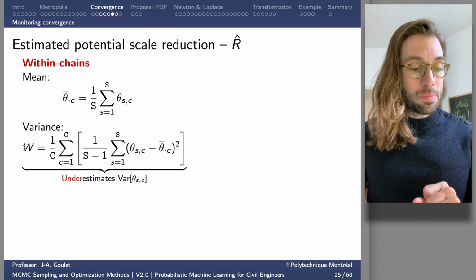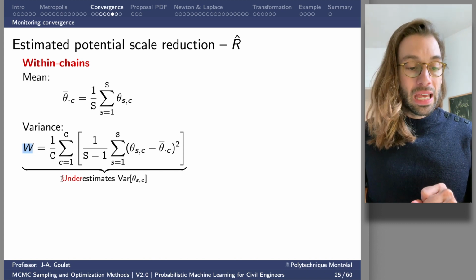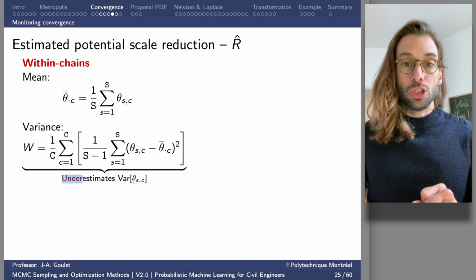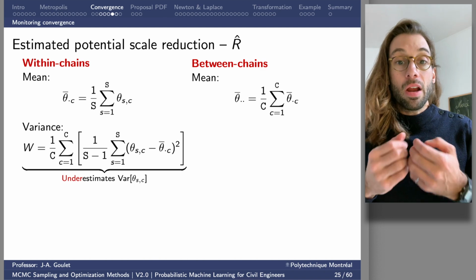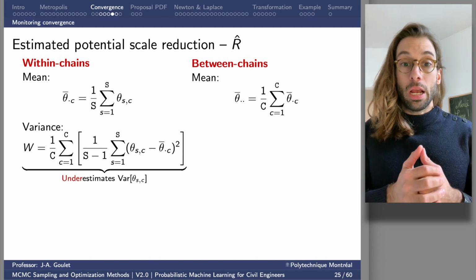In this estimate W, what you have to see is that it's going to underestimate the true variance of my samples. Then, secondly, what I'm going to look at is my variance estimate between my chains.